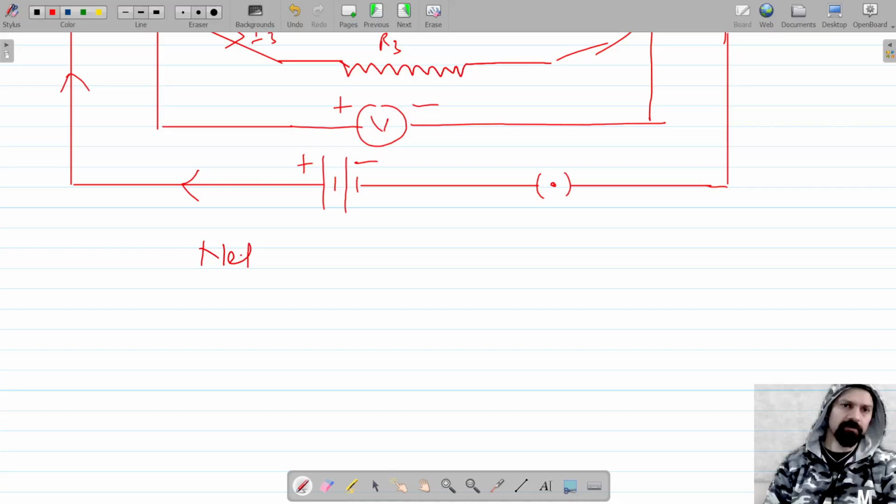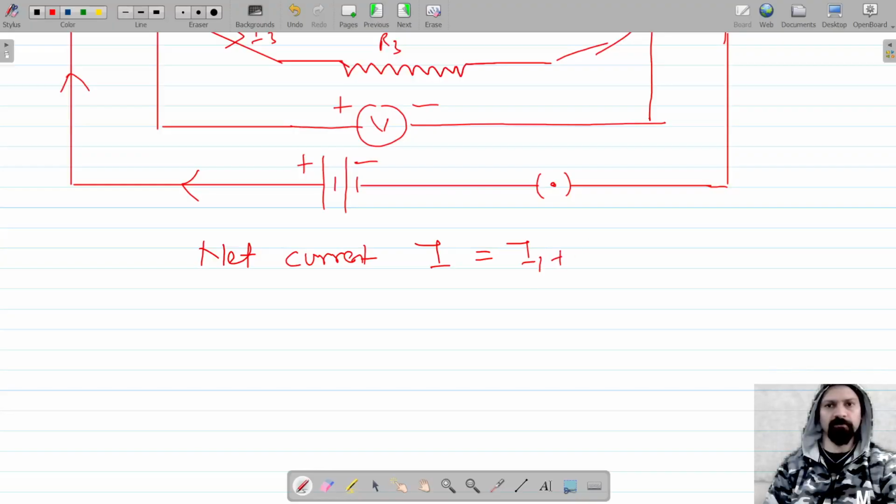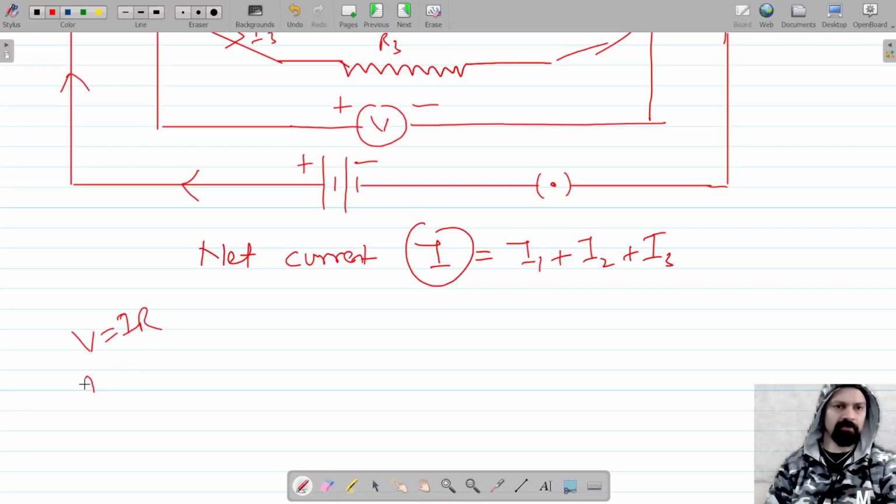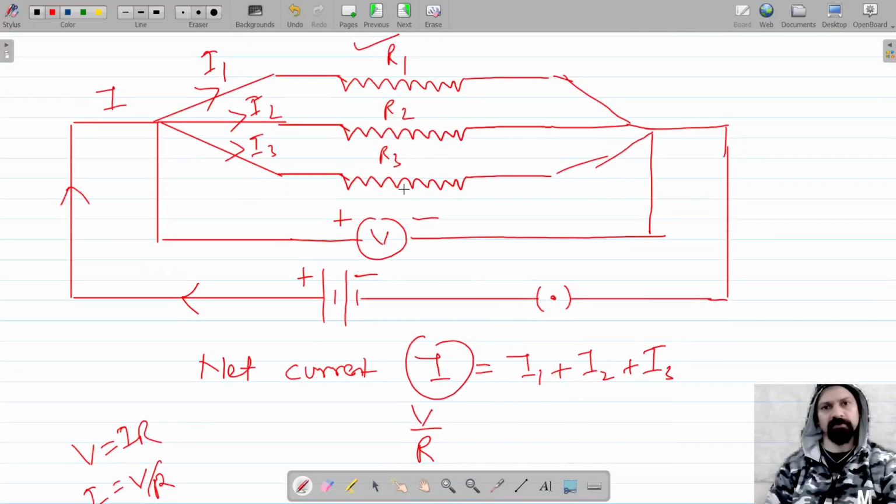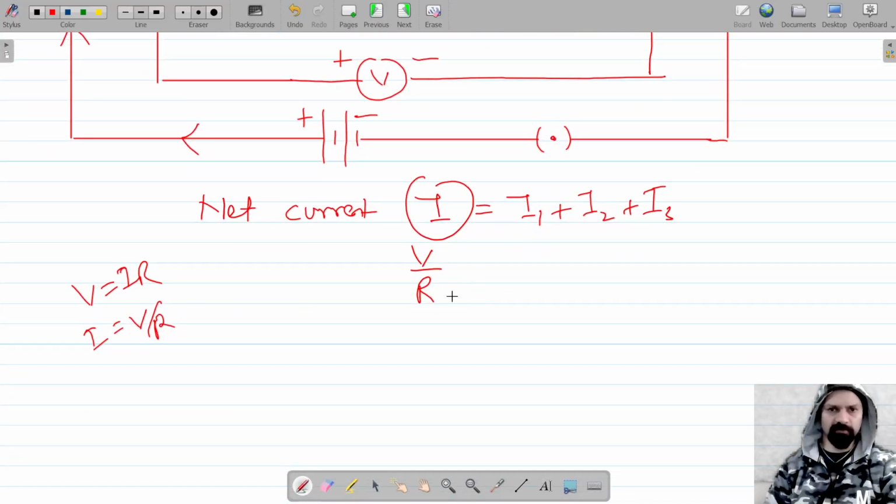Now the net current or the total current in the circuit will be I is equal to I1 plus I2 plus I3. And this is the net current. So we know that according to Ohm's law, V is equal to IR. So I is equal to V by R, and the net resistance of the circuit is RP, the resistance in parallel.